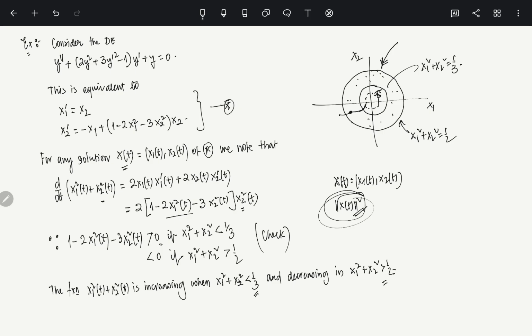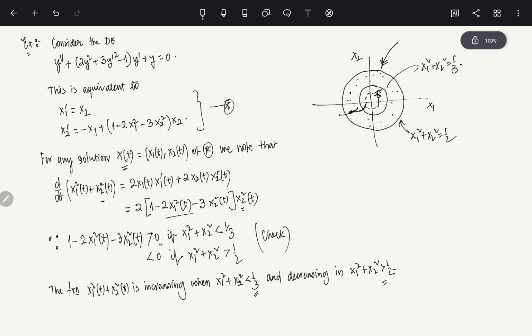So once it starts here, it has to be contained in this whole area. That's what I'm trying to say, that we are trapping this trajectory. If a trajectory is starting inside this annular region, then it remains there for all time t. This is the whole idea.